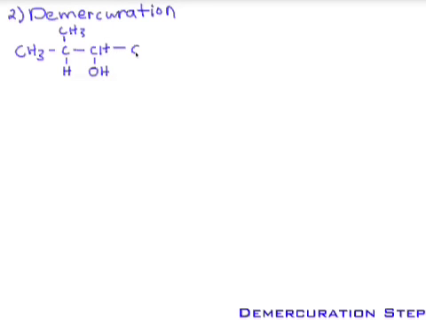We have this CH2, which has this mercury attached to it. And what we do is we hit this with a reagent, sodium borohydride, and reduce the mercury to mercury metal.